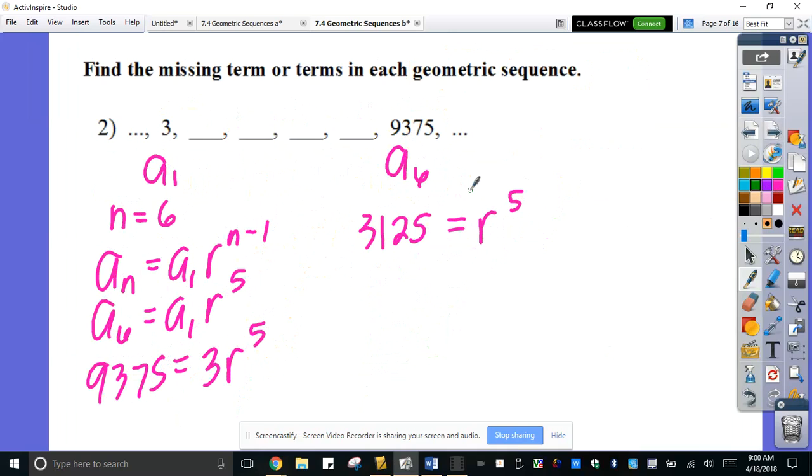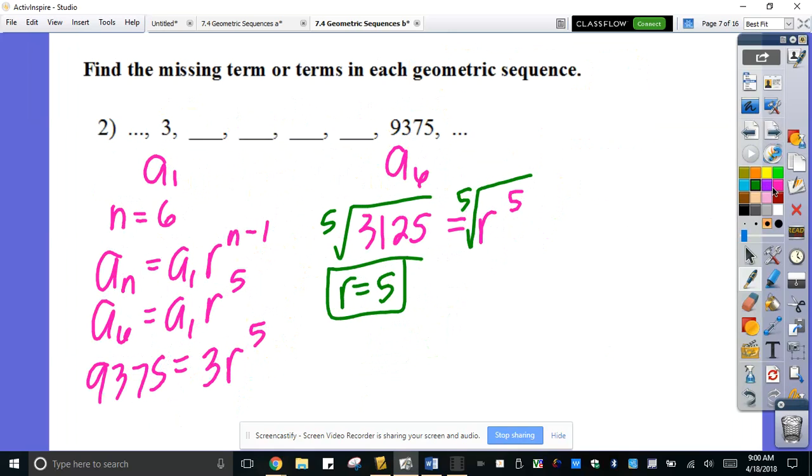Again, we have to take the fifth root of this, the fifth root of that one. So hit the 5 and then math 5 again. You will see a fifth root on your screen. Type in 3125 and the answer will be 5 again.